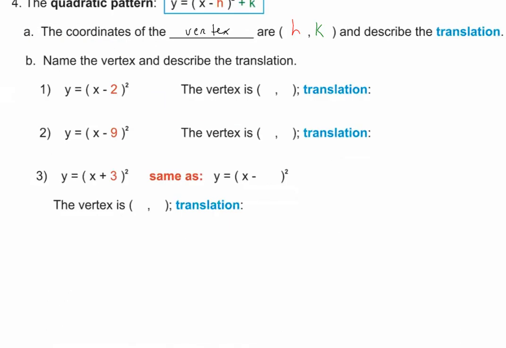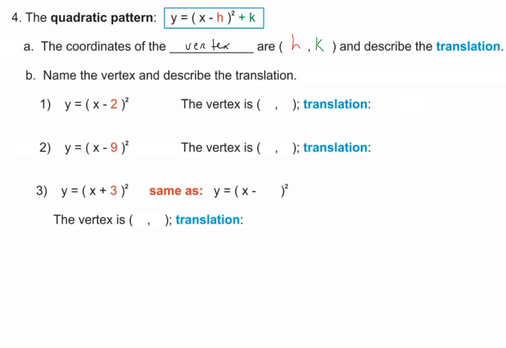So let me go higher on the page here. All right, so we're looking at our pattern. And so on the first one, hopefully you would read the value of h is 2. What would be the value of k? Again, you're at home and you're watching, but you still need to think, all right? You need to be thinking all the way through. And when I say what's the value of k, I hope you're thinking 0.